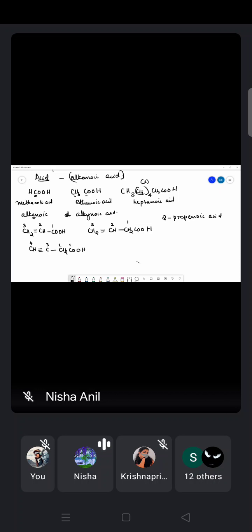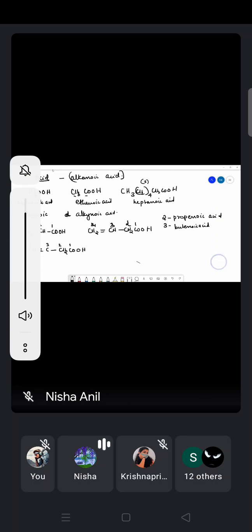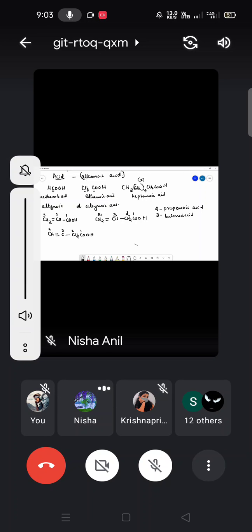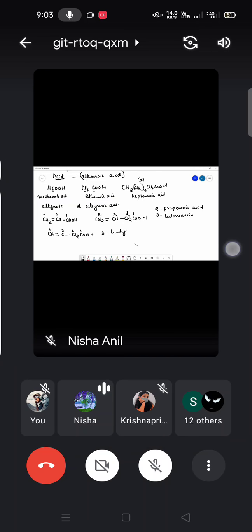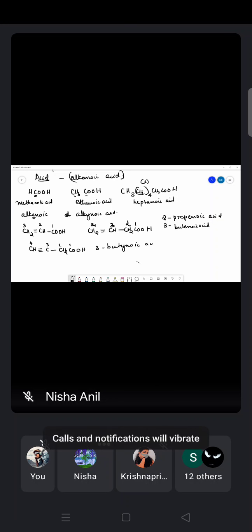Here 1, 2, 3, 4. So the double bond is between 3 and 4. So 3-butenoic acid. And here the triple bond is at the third position. So 3-butynoic acid. Is it clear?